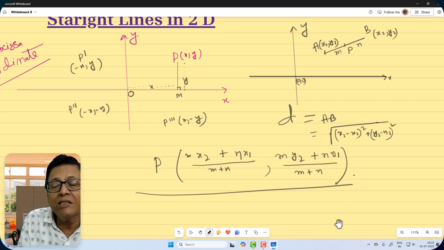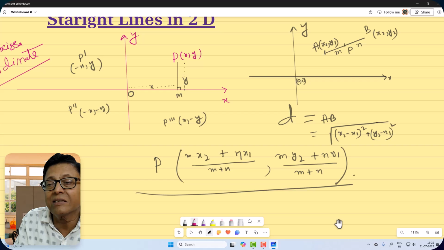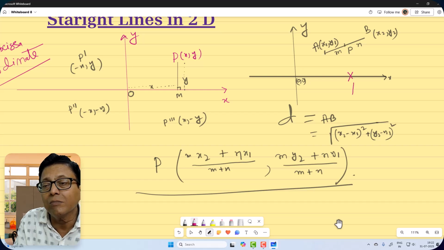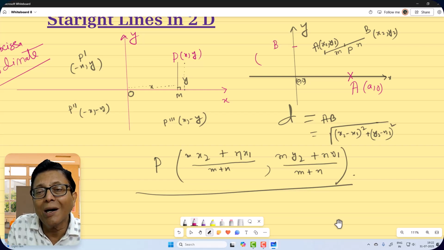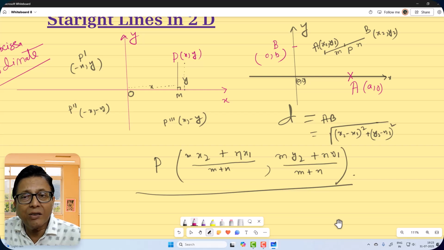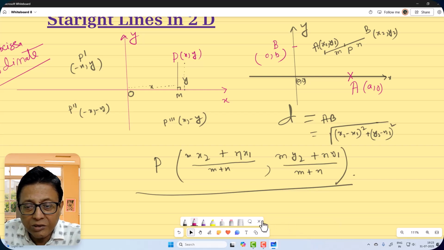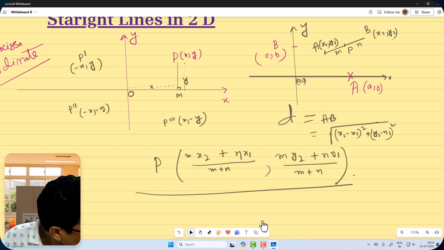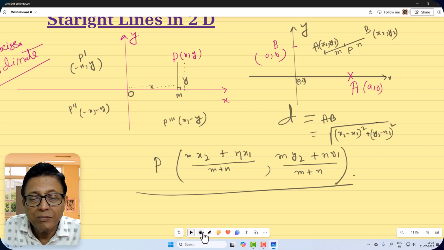Coordinate of origin is (0, 0). Any point on the x-axis has the coordinate of the form (a, 0), a point on the y-axis has the coordinate of the form (0, b). Okay.